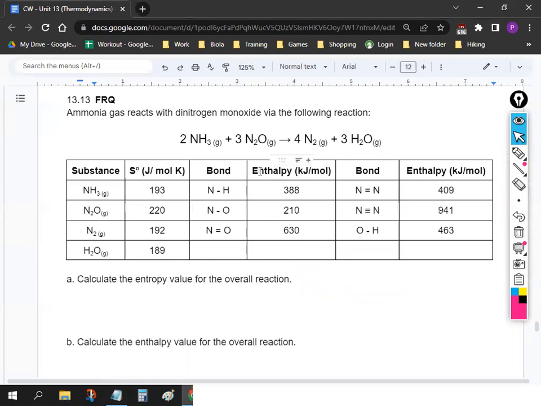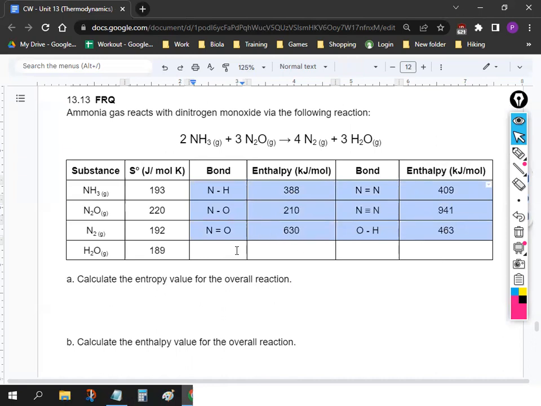Now, you're going to need this table. If you don't have it up, try to share with the person next to you. If not, take a picture of it real quick because I'm going to cover it up. We're going to be looking at the enthalpy value of the overall reaction. It gets a little more annoying because we don't have the enthalpy values for each compound or for the overall reaction.